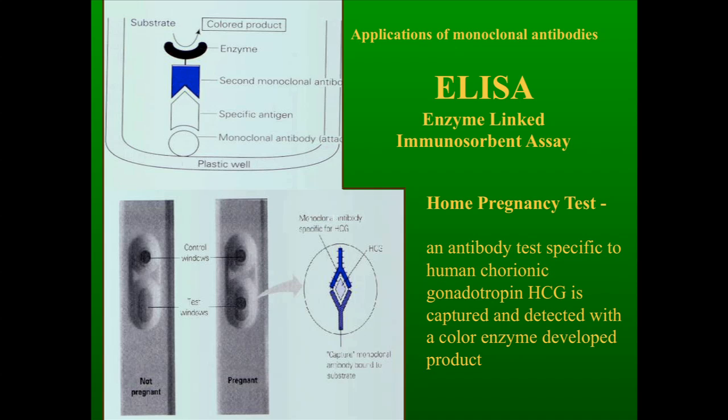HCG is produced very soon after pregnancy in humans. So you can use this as an early pregnancy test where the protein is present in blood and in urine, and will find that monoclonal antibody and is very, very specific and is very, very reactive.